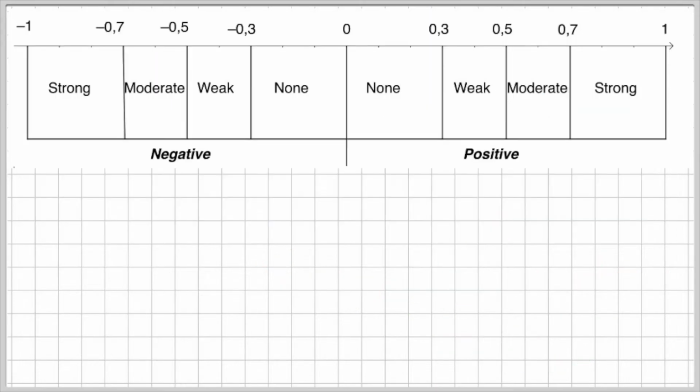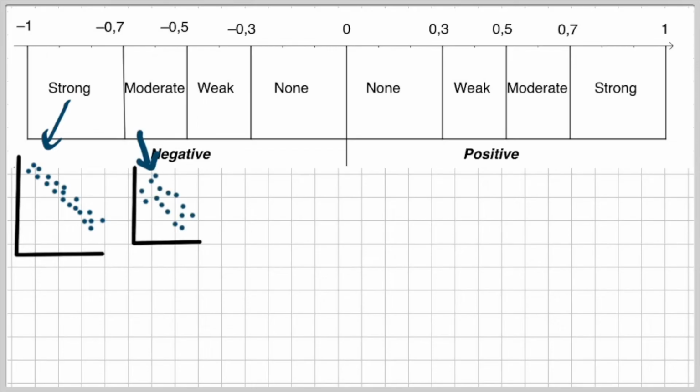Let's look at this table and look at how different graphs would look depending on how their correlation is, what the R value is. So first of all, if you get a negative strong correlation, that means your data is going down. As X increases, your Y values decrease, but they lie close to one another. Let's look at moderate.